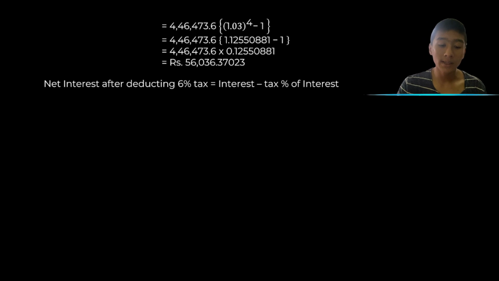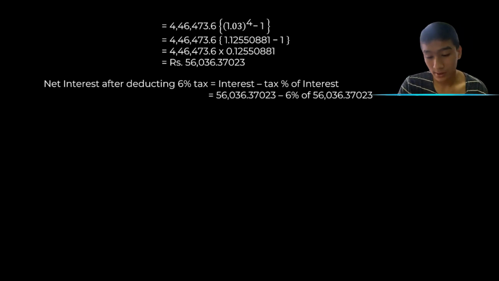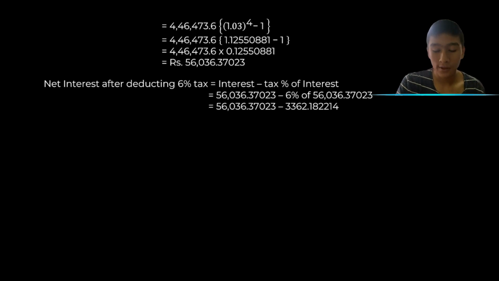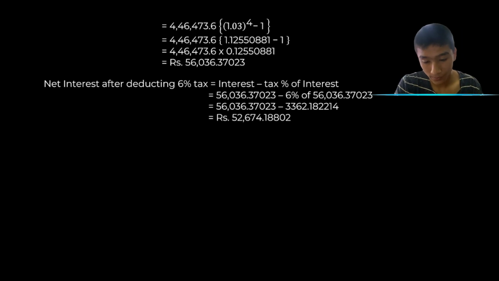Now the net interest after deducting 6% tax is equal to interest minus tax percent of interest. 56,036.37023 minus 6% of 56,036.37023. 56,036.37023 minus 3,362.182214.